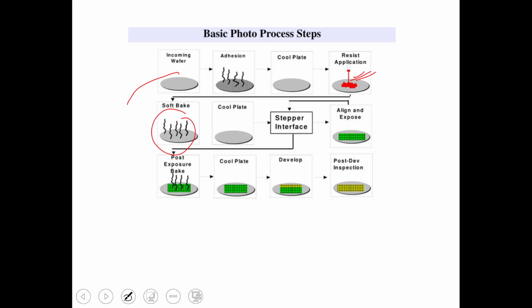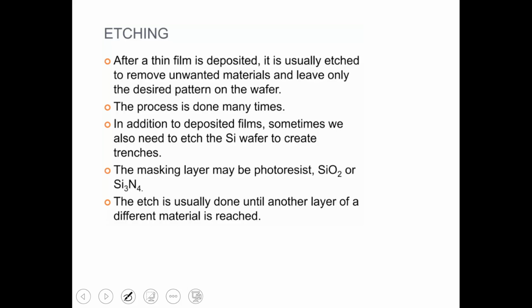Then the exposure step in the process, then the post exposure bake, then the cool plate, then develop. And after that, post-develop, this type of devices we have to fabricate and transfer onto our silicon wafer.